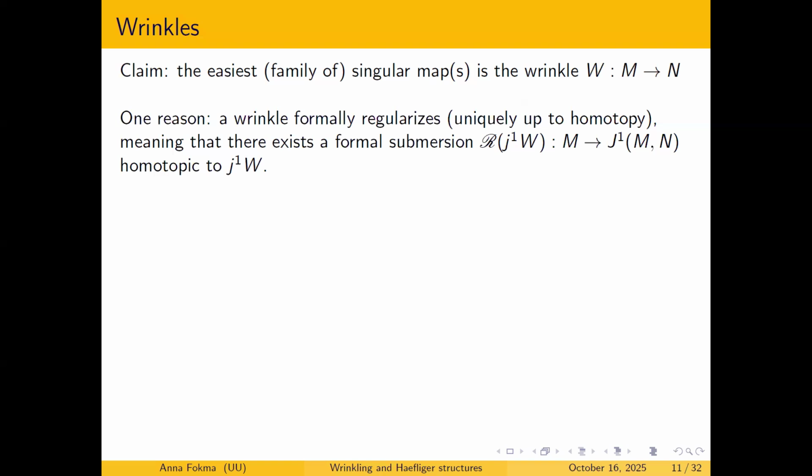However, you can homotope this jet as a formal section, such that it does have image in the submersion relation. And that result is referred to as the regularization of the one jet of the wrinkle. So that is a formal submersion, and it's uniquely defined up to homotopy.